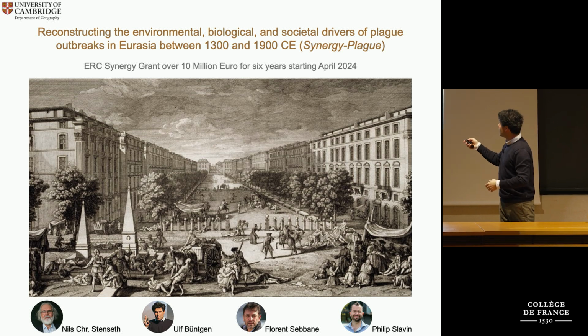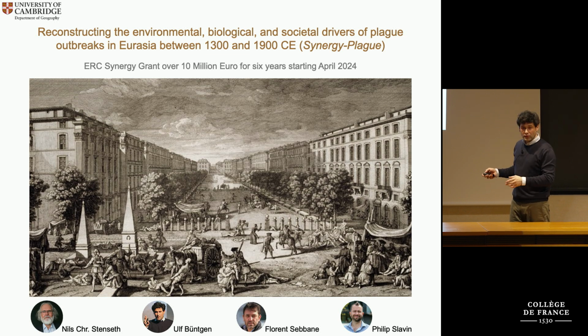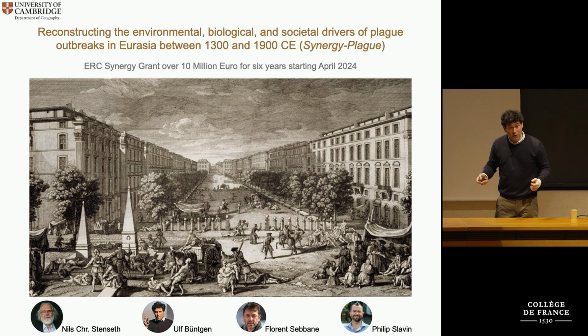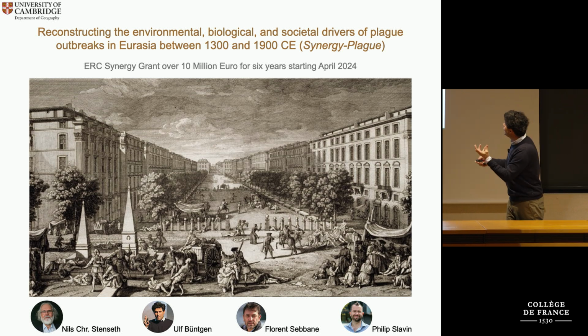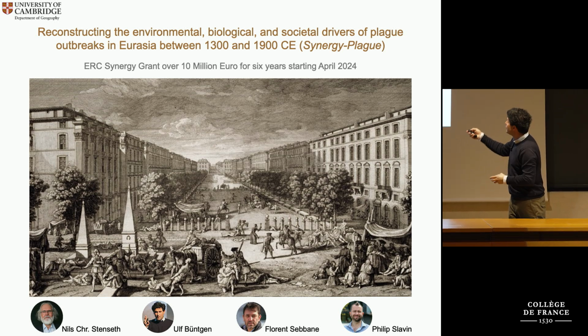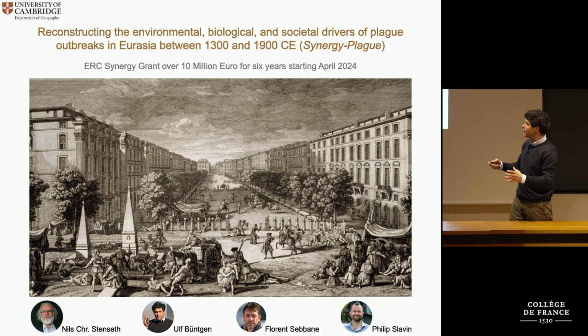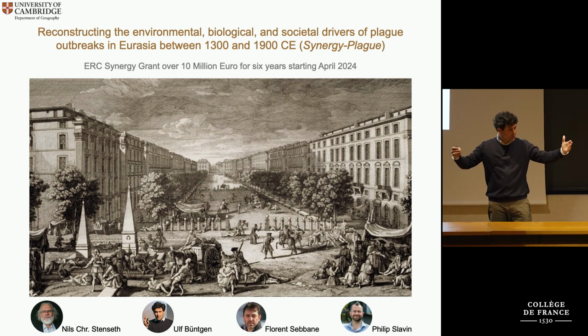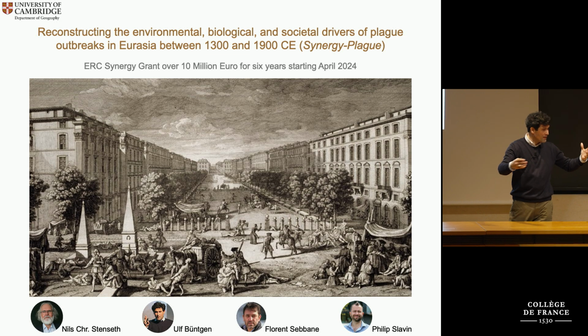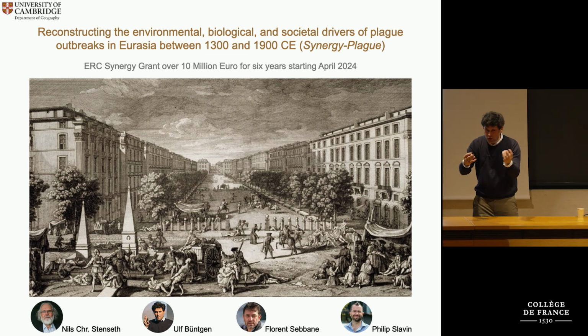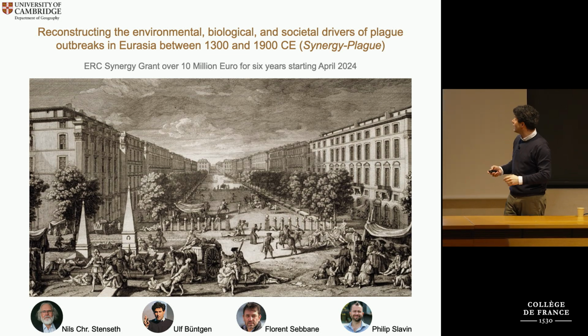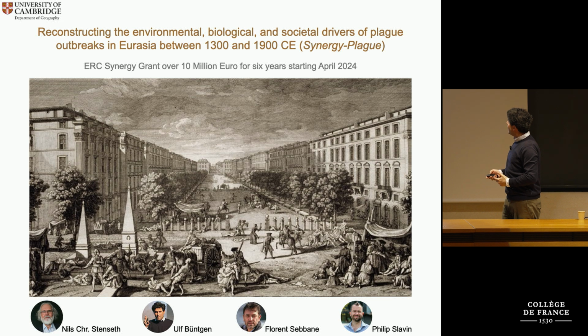We just got an ERC grant from Brussels of 10 million euros to work exactly on things that Kyle and many of you are likely interested in, is to reconstruct and understand the environmental, biological, and societal drivers of plague outbreaks, right? So it's exactly this interface, climate, the ecology we haven't talked today a lot about on plague.